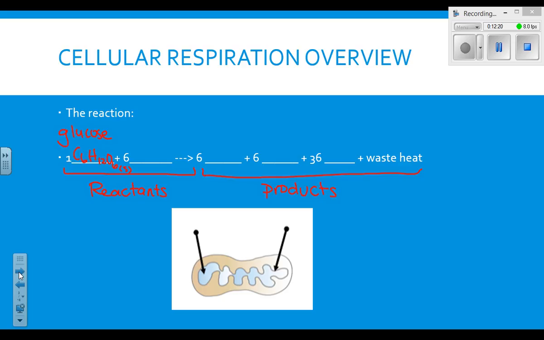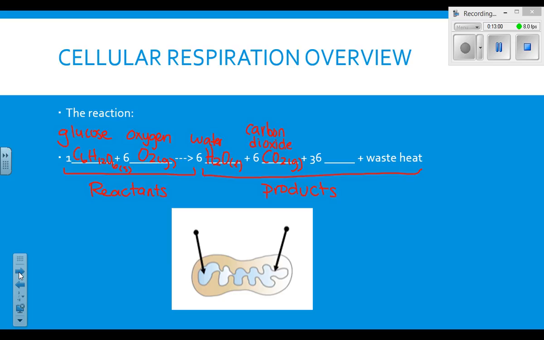Glucose is C6H12O6. So I have 1 glucose, and I have 6 oxygen gas molecules. As my products, I have the same things I would start with for photosynthesis. My 6 molecules of water and my 6 molecules of CO2. So we have water and we have carbon dioxide.